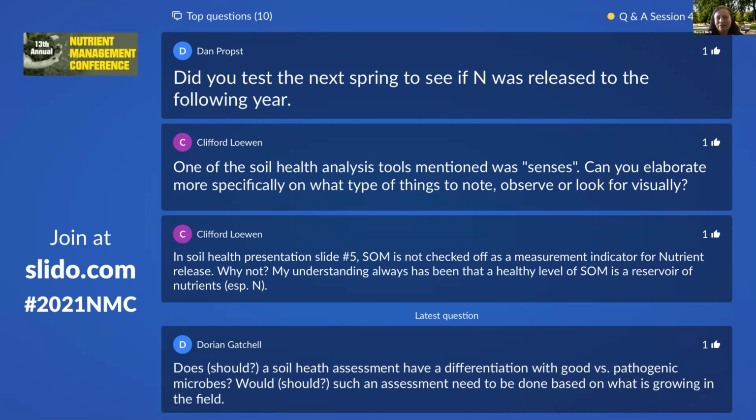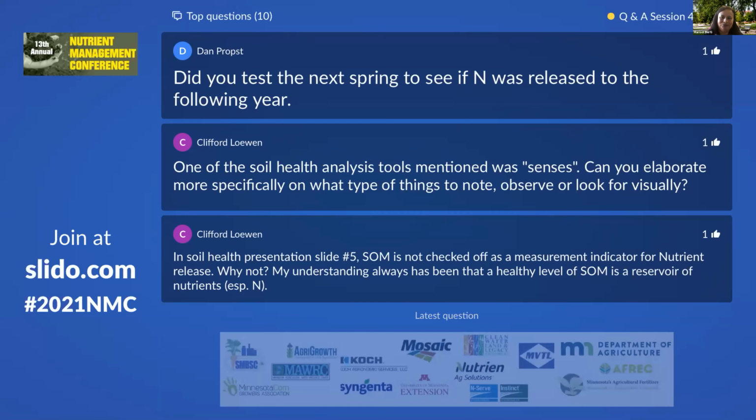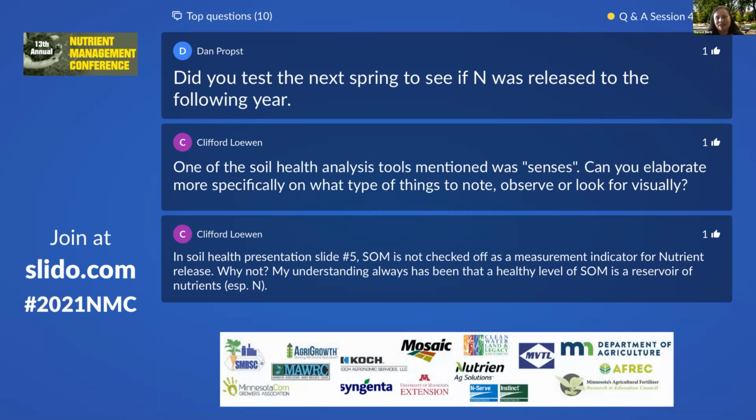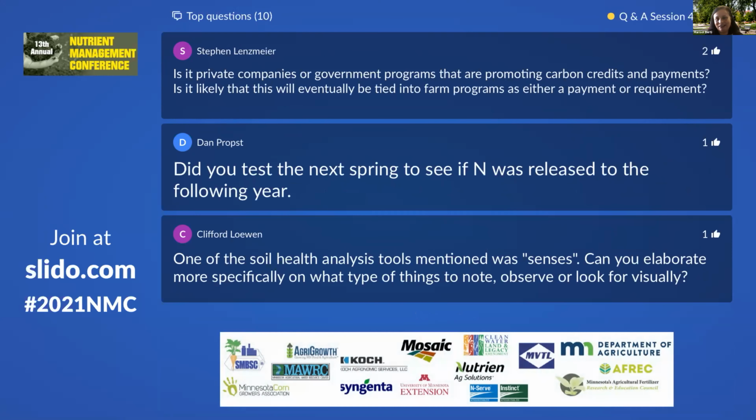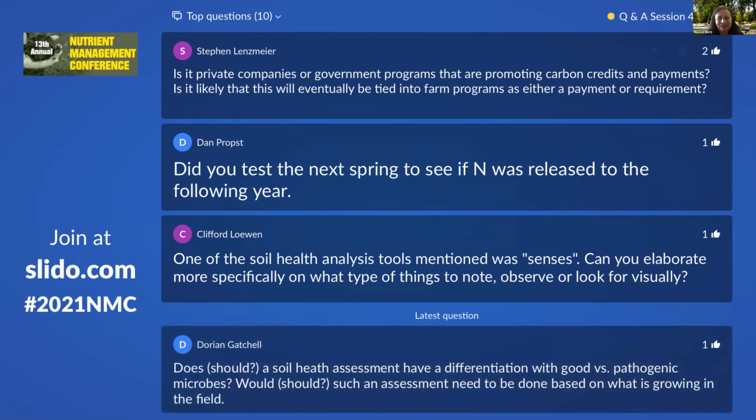Some years we've seen some differences, so I think it depends on a lot of things, like moisture. Anna, your tests or work may help us modify what the nitrogen credit could be in the long term, according to the soil health. Because directly we can't say, you have this much cover crop biomass, so you have this much nitrogen credit. It's just not happening. So thanks for the question.